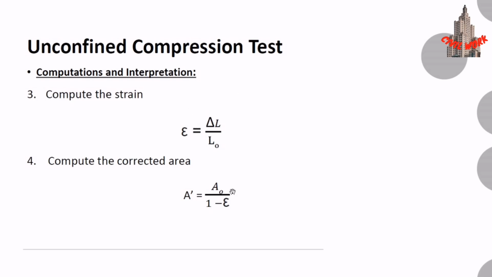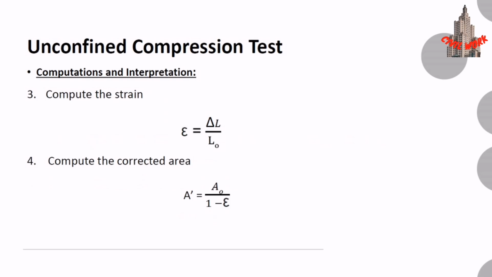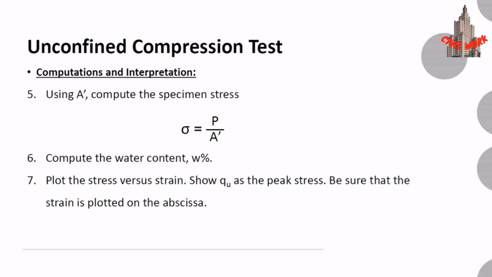Then we have to compute the corrected area. Here is the formula of corrected area. A dash, the corrected area, is equal to A naught, which is the sample cross-sectional area we calculated earlier, divided by 1 minus strain, which we have calculated here. Then we have to calculate the specimen stress.